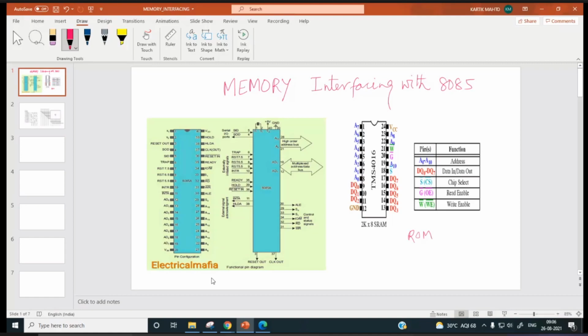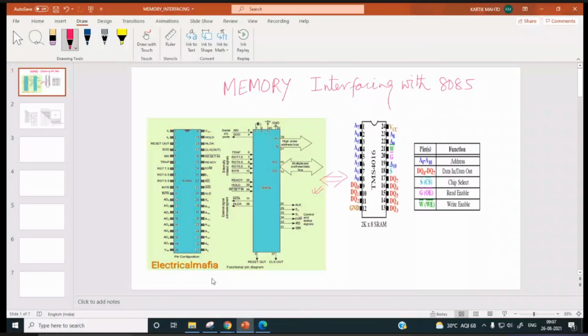How 8085 is actually connected to the ROM and RAM, we will discuss today. These memory chips like ROM and RAM are used for storing data and program.